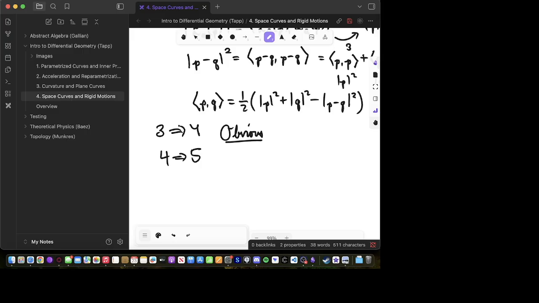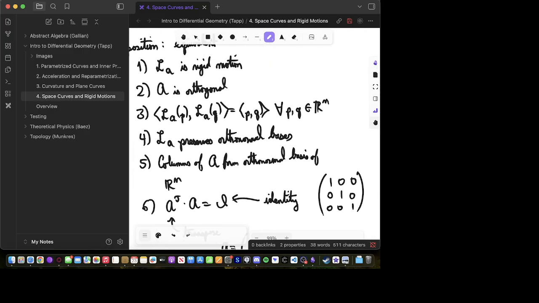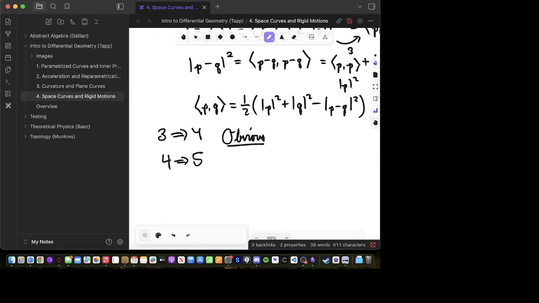Now let's prove 4 implies 5. So if LA preserves orthonormal bases, then the columns form an orthonormal basis of Rn. If you know a little bit of linear algebra, this might be clear, but it might require further explanation if you haven't.